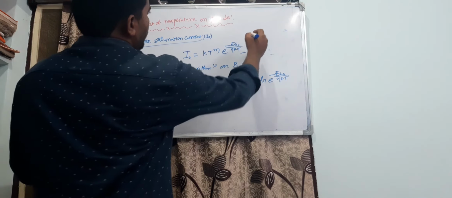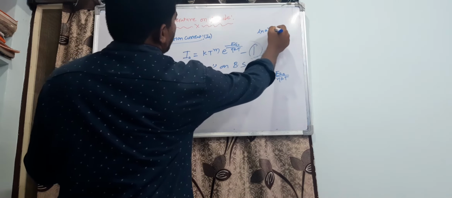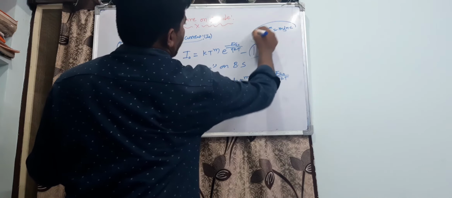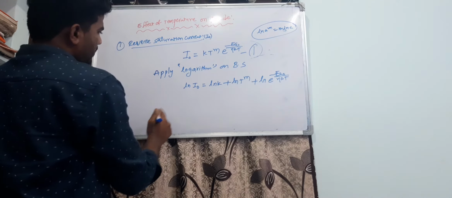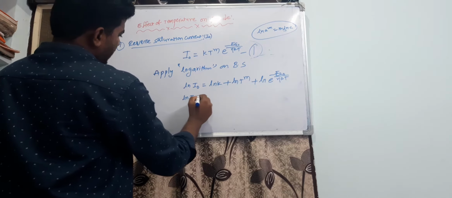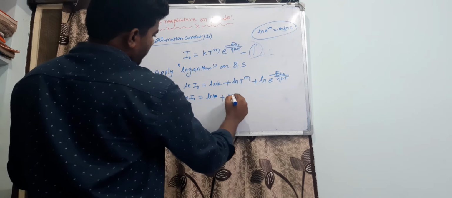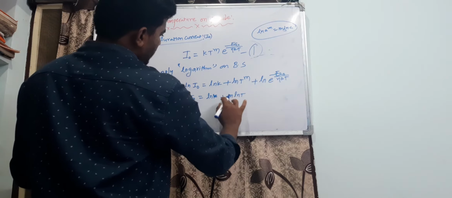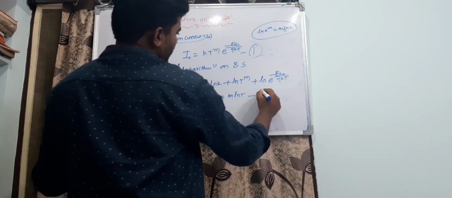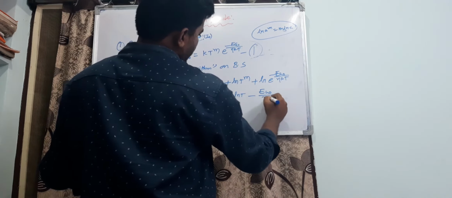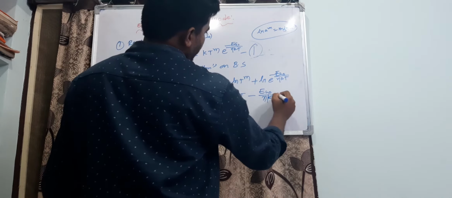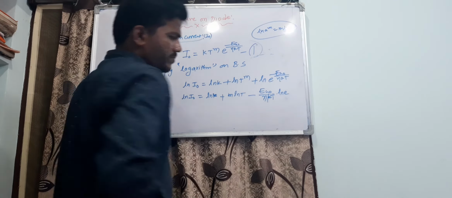Now already we know the natural logarithm of a power m is equal to m into ln a. Apply this concept here. ln I0 is equal to ln k plus m into ln t minus Eg0 divided by zeta kt into ln e.